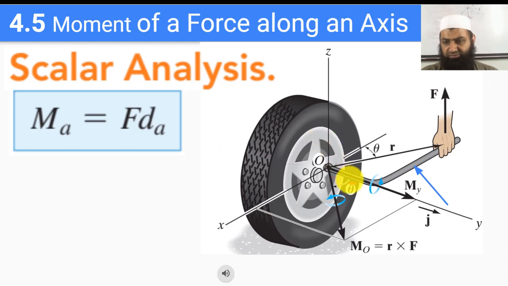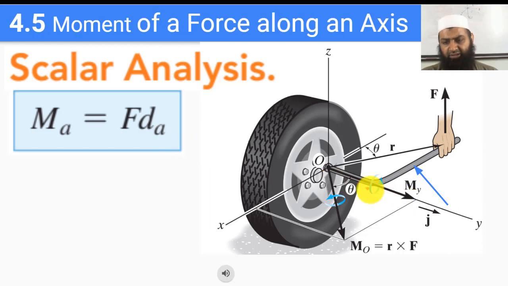Let me clarify what I mean. In this case we want to apply this formula, that the moment of a force about an axis is force times the perpendicular distance from that axis. So we are interested in finding the moment of this force about this y axis, because this is the axis of interest for us.